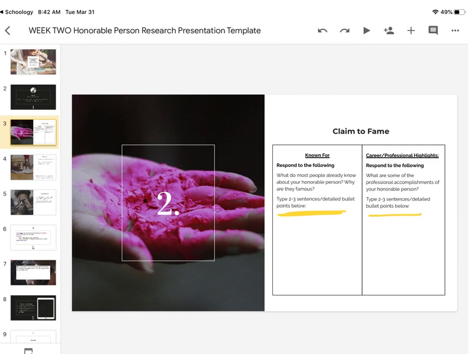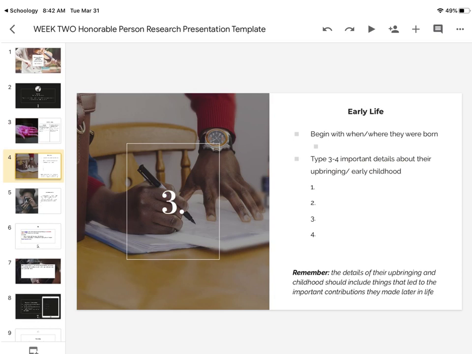And then you want to research professional accomplishments. What are some professional accomplishments? Did they win any prizes, awards? Did they write any novels? What else did they do? What kind of speeches did they give? So professional accomplishments goes in the second column.